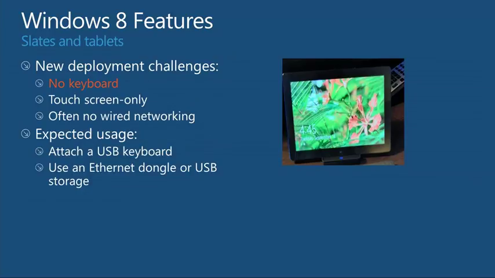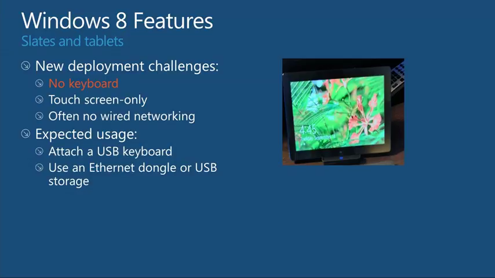So then we get to slates and tablets. These become a little bit more interesting because they don't have things that we've taken for granted for a long time, like keyboards. Let's say that you were going to boot into Windows PE to deploy an operating system. So most of the slates out there today support booting from USB or booting via PXE. So let's assume we booted from USB.